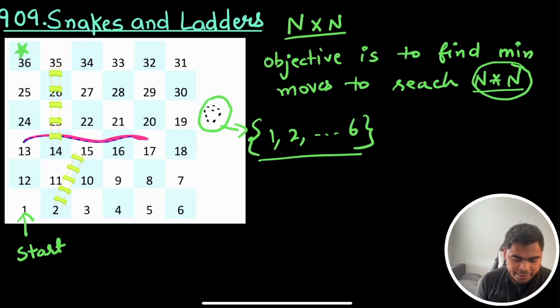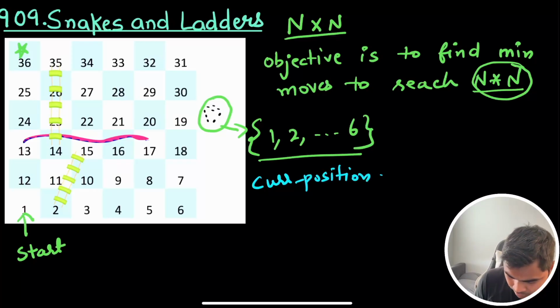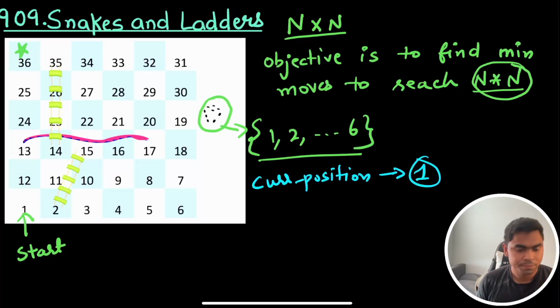So if you are standing at 1, what are the next moves you can possibly take? Here's the trick. You can go to 2, but going to 2 will take you to 15. So let's say the current position is 1, then what are my next possible positions?